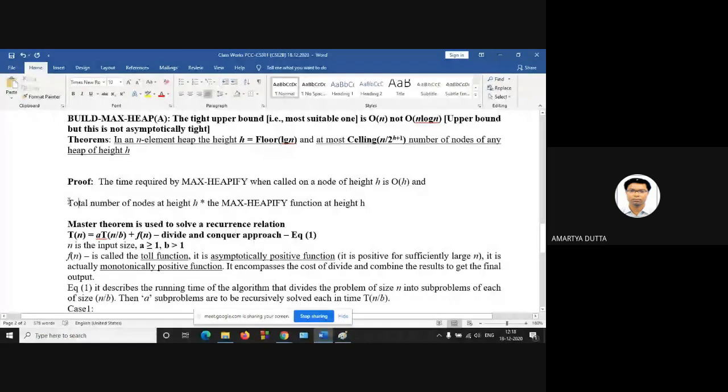Please ask me if you have any doubts. So this is the build max heap, which is used for creation of the heap tree from the array.